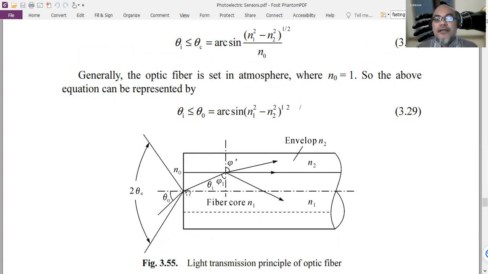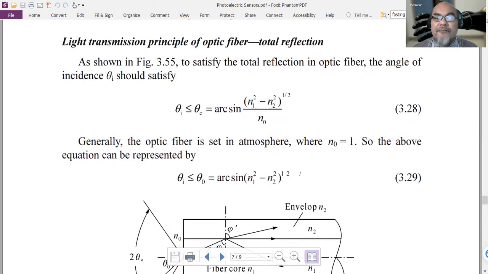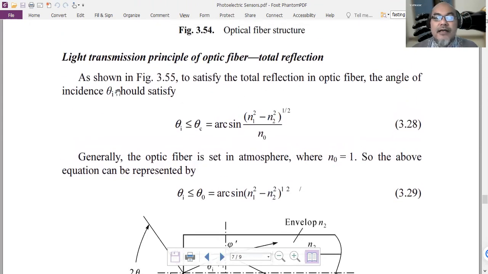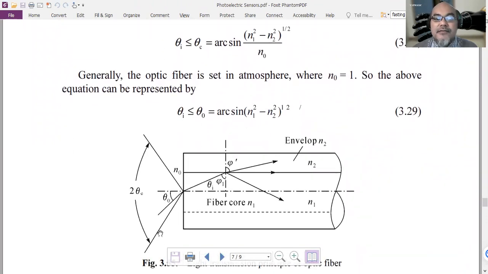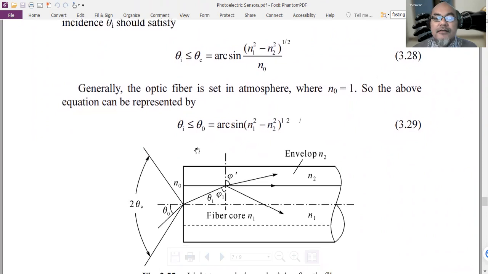So that the refracted light could have an angle larger than the critical angle. The angle of incidence, theta I, should be smaller than this. This is the angle of incidence. Then theta c equals arcsine of square root of n1 square minus n2 square divided by n0.